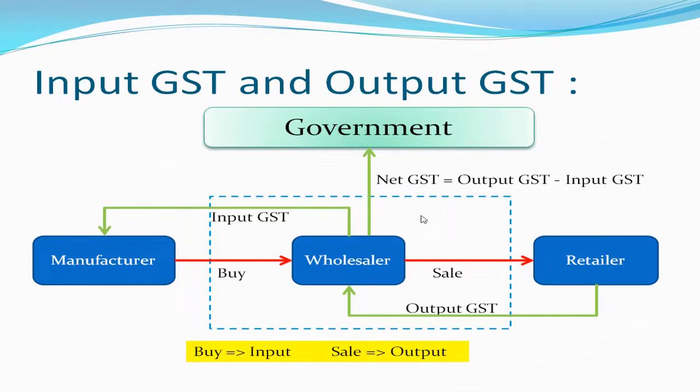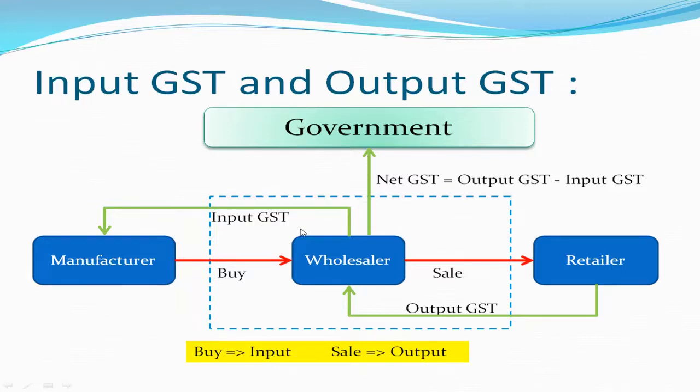So when the product is sold to the retailer, the final sales price is more than that at which the wholesaler has bought the product. So definitely input GST is less than output GST, because here the price is more, here the price is less. So more GST, less GST. So only the net GST the wholesaler pays, right?